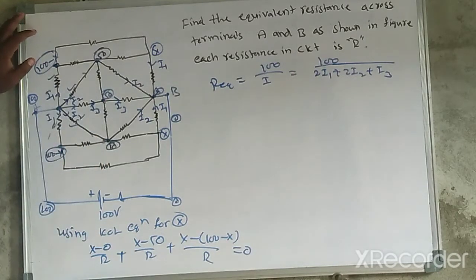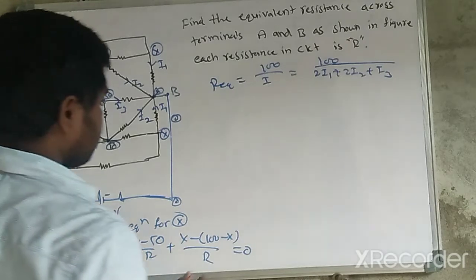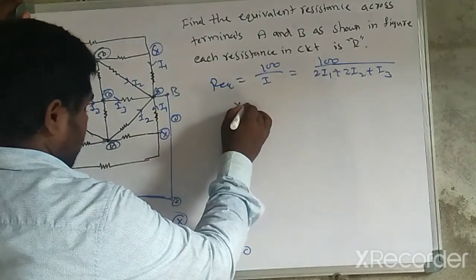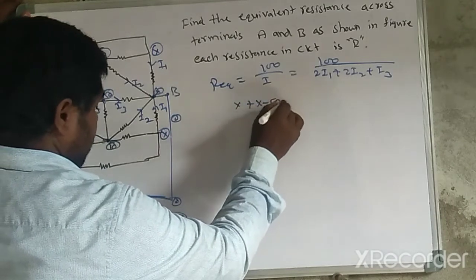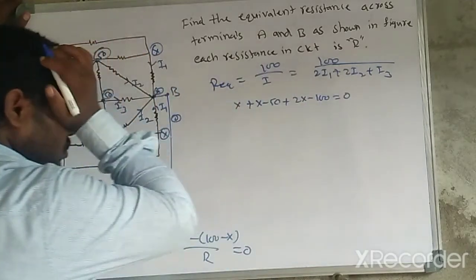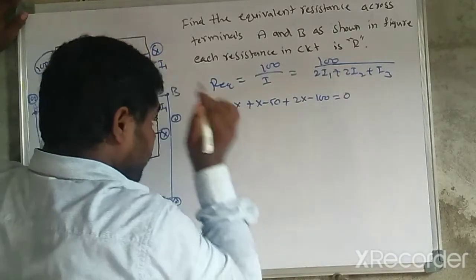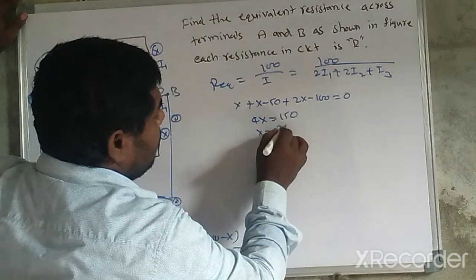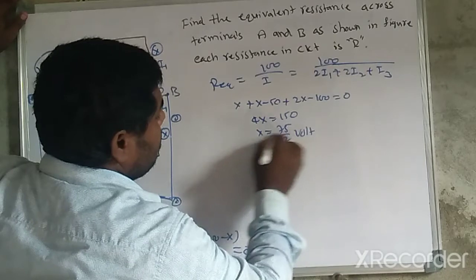Take the LCM: x + x + (x − 50) + (2x − 100) = 0. So total 4x = 150, x = 75/2 volts.